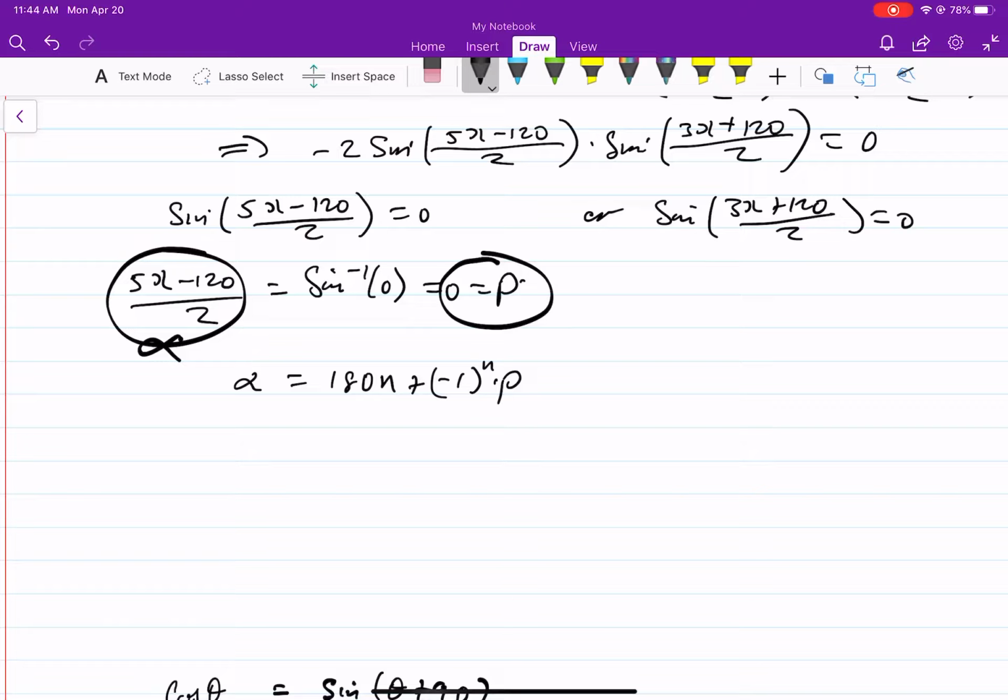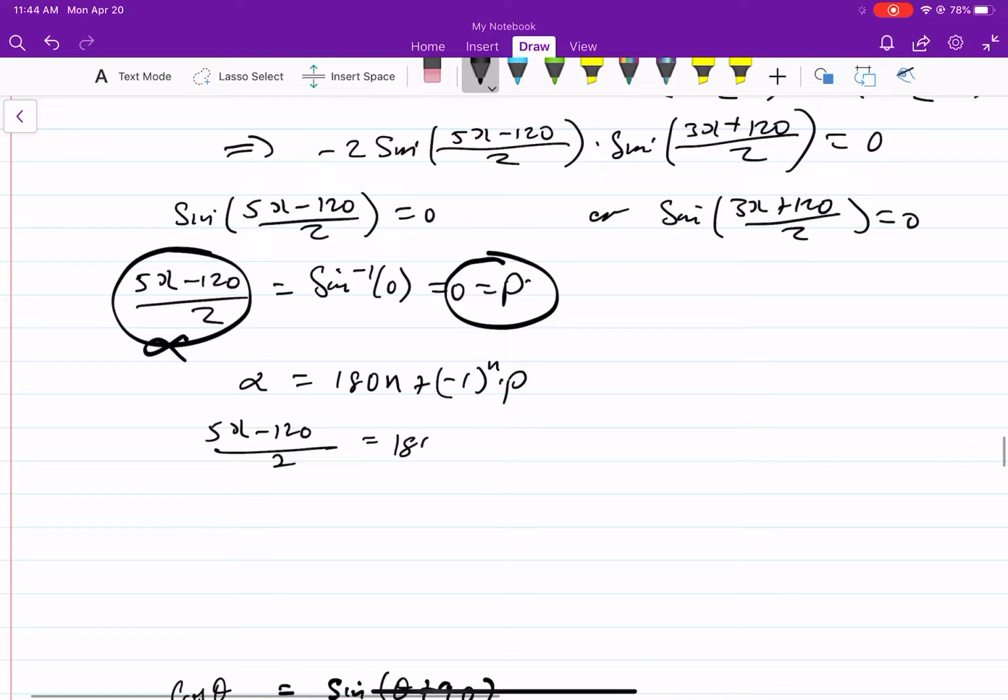Lucky for us, p is 0, so alpha, which is 5x minus 120 upon 2, is equal to 180n, and that part goes to 0, right? If I substitute p equals 0 there, then that part goes to 0.